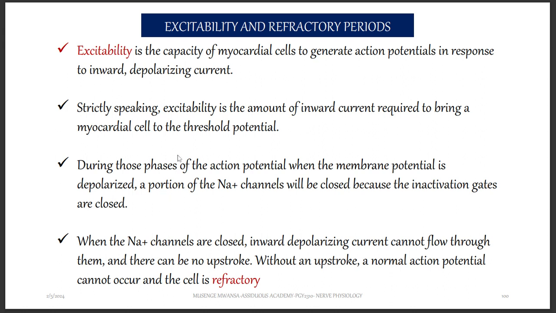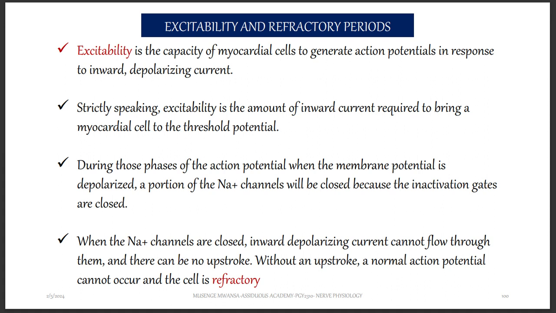So during those phases of the action potential, when membrane potential has depolarized, after depolarization happens, what we expect is repolarization to happen. So the sodium channels will begin to close. So when the sodium channels close, it means that even if you start pricking me again, okay, when the sodium channels are closed, you can't have another depolarization through them.